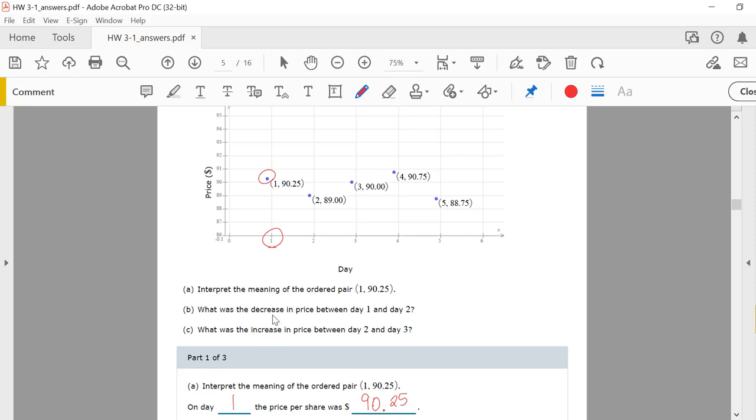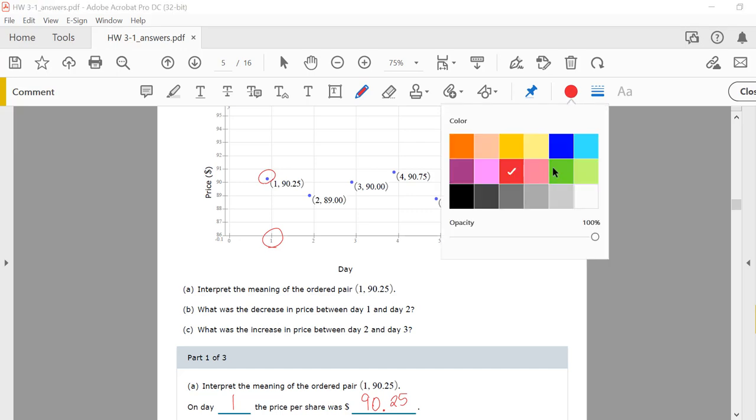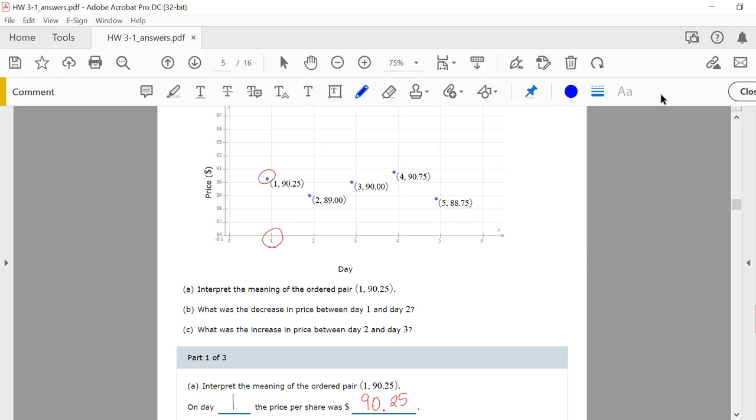Okay, part B, what was the decrease in price between day 1 and day 2? If you look, day 1, it was 90.25 per share. On day 2, it was 89. So the decrease in price would be 90.25 minus 89, which is, I'm going to get a calculator out.